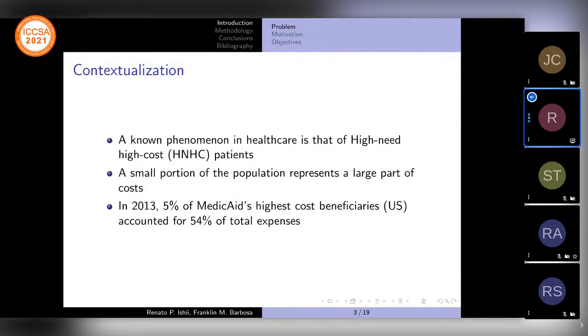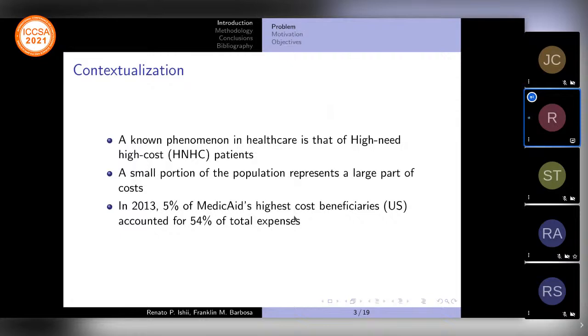High needs, high cost, abbreviated HA and HC, patients are variously defined in the literature as a small subset of the population who account for the majority of healthcare costs. Lack of consensus on the defining attributes of HA and HC patients has challenged the effectiveness of interventions aimed to improve disease management and reduce costs.